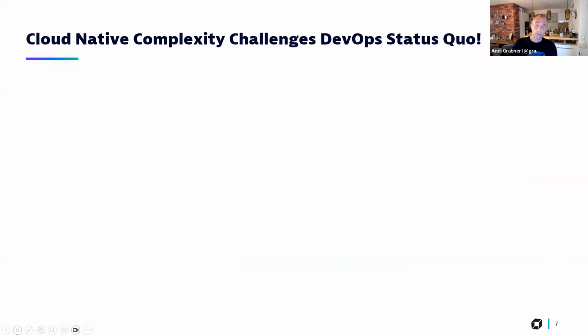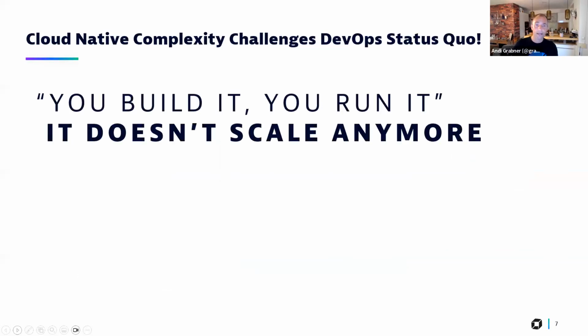So talking about the complexity, I've been talking about DevOps for the last 10 plus years, and I was really driven by the "you built it, you run it" statement that was put out years ago by Amazon, but it feels like it doesn't scale anymore. It doesn't scale anymore because we're no longer dealing with simple systems where we have a build tool, a deployment tool, and a simple monitoring tool. We have many more complexities that come in with the cloud native landscape.